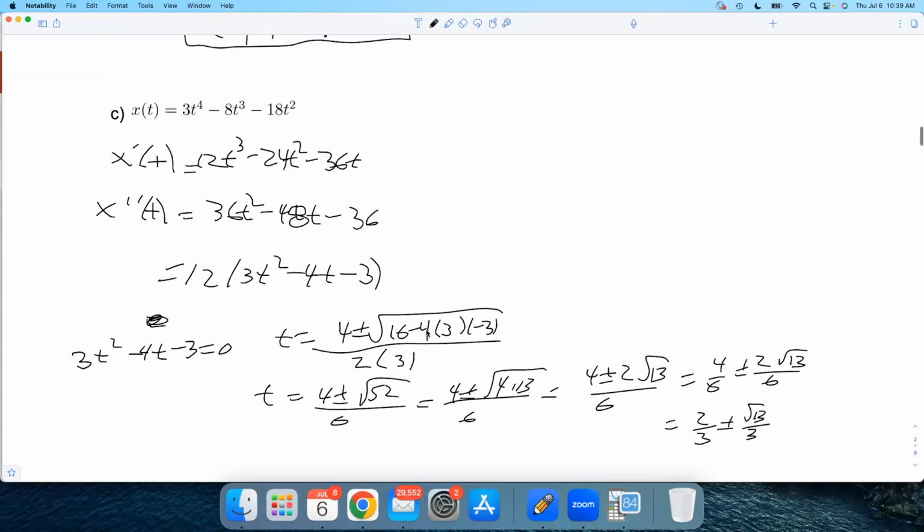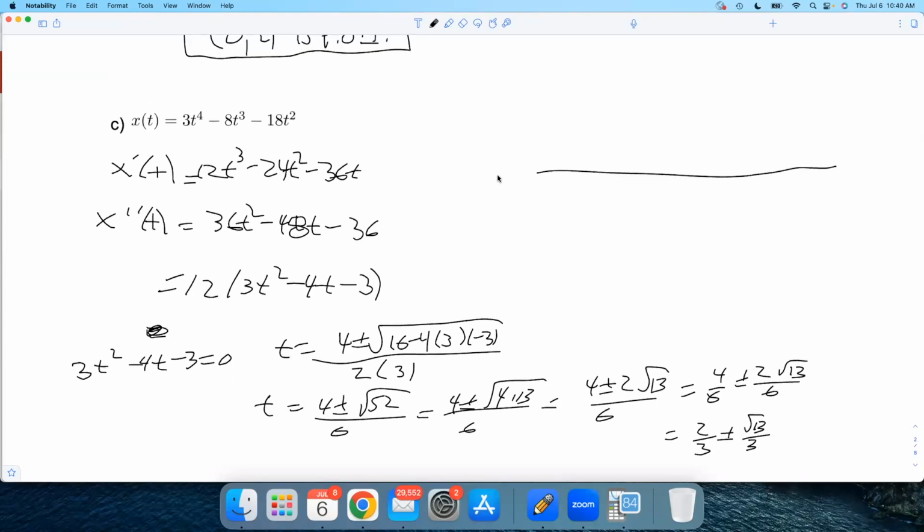All right, so we've got 2 possible points of inflection. We've got 2/3 minus root 13 over 3 and 2/3 plus root 13 over 3. And I want to check the sign of this guy, plus or minus, in each of these regions.